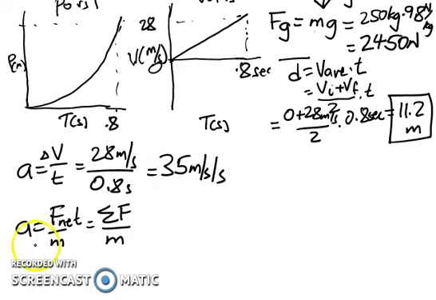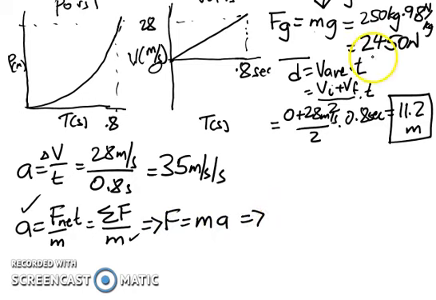So the net force, I presented in both ways. Our a is equal to F over m, or more properly, F net divided by m, or the way we're talking about it this year, sum of forces divided by mass. We have acceleration, we have mass. Let's see if we can figure out what that sum of force is. So we get that our sum of force is equal to mass times acceleration.